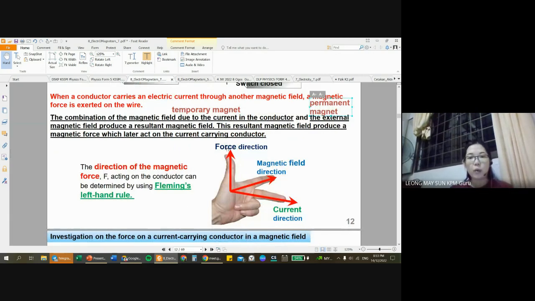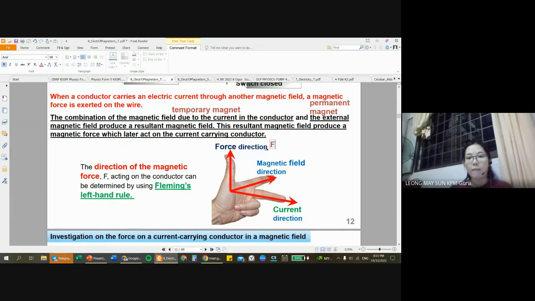The thumb points in the direction of force, and the force symbol is capital F. The magnetic field direction is from north to south, coming out from the north pole, so our pointing finger points towards the south pole, and the magnetic field symbol is capital B. The current symbol is capital I. Current normally flows from positive to negative, so our middle finger points from the positive towards the negative direction.